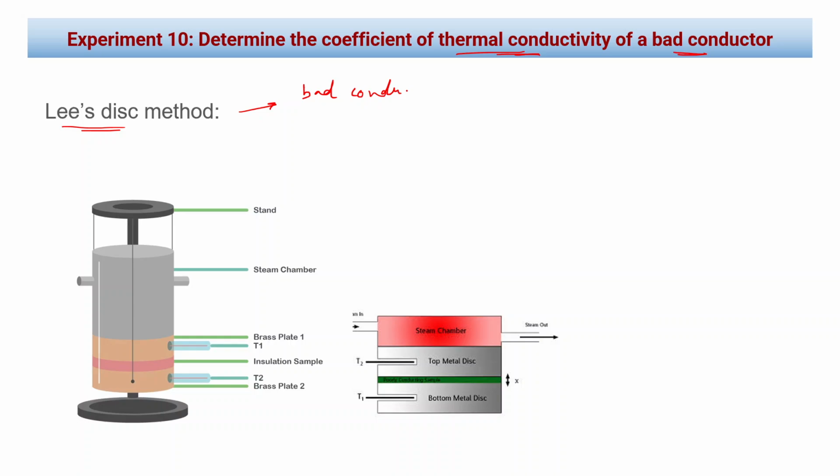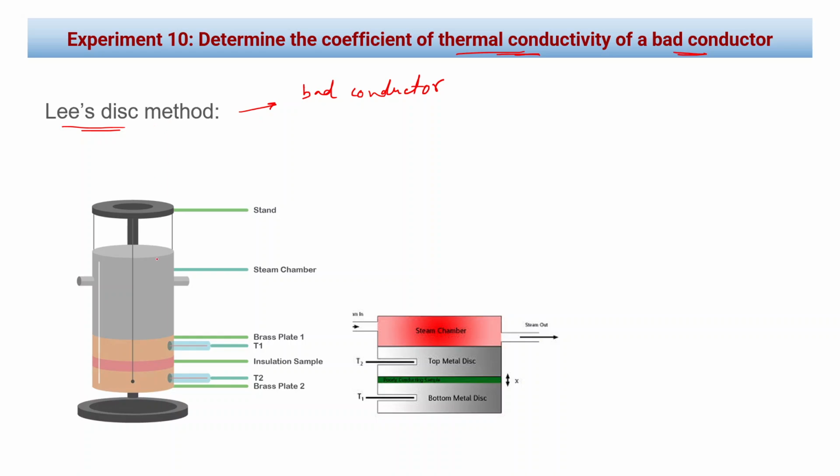There are other methods which are more appropriate for good conductors, but for a bad conductor, or a thermal insulator, to find its thermal conductivity we use Lee's disc method.